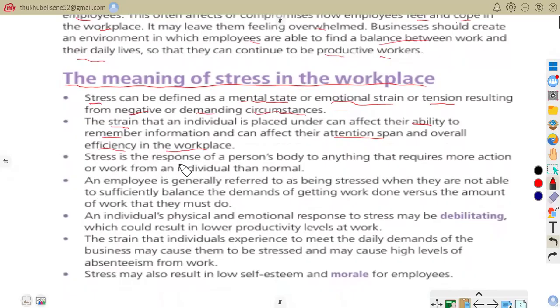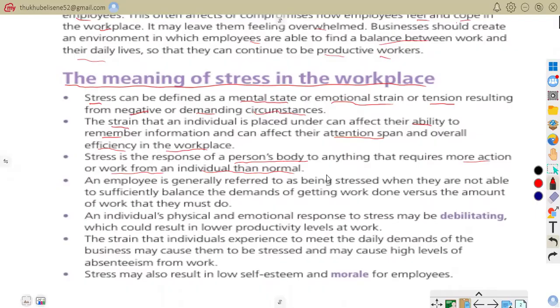Now it says stress is a response of a person's body to anything that requires more action or work from an individual than normal. Meaning, good people, the body reacts physically and emotionally when more effort is required than usual. For example, a worker feels tired, anxious, and gets headaches during a busy period.